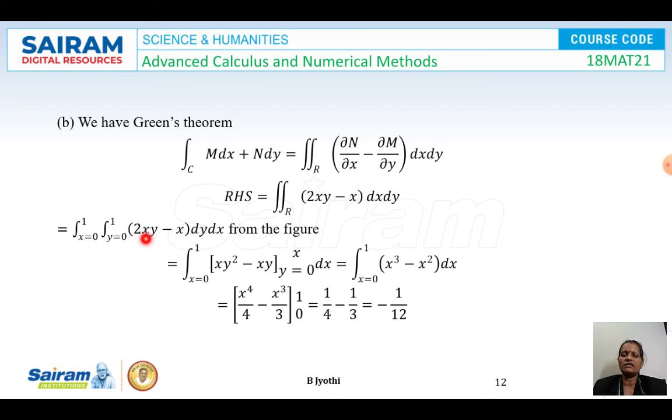When we integrate this 2xy with respect to y, we get 2xy square by 2, we get it as xy square minus the integral of x is xy and y is varying from 0 to 1 here. That has to be integrated.